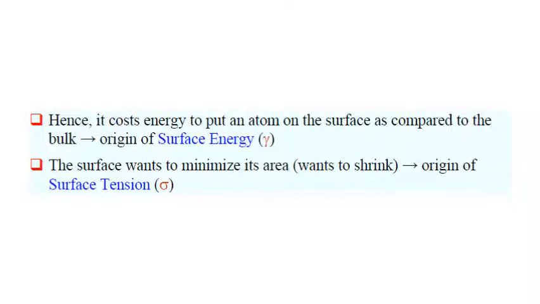Now we use two different terms which are related to each other, surface tension and surface energy. The surface energy is the energy which costs, or which is there, to put an atom on the surface as compared to the bulk. If you want to put an atom on the surface, there will be some energy cost because the surface atom doesn't have equilibrium forces.